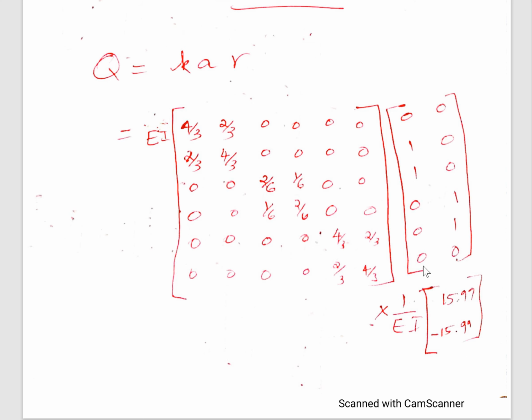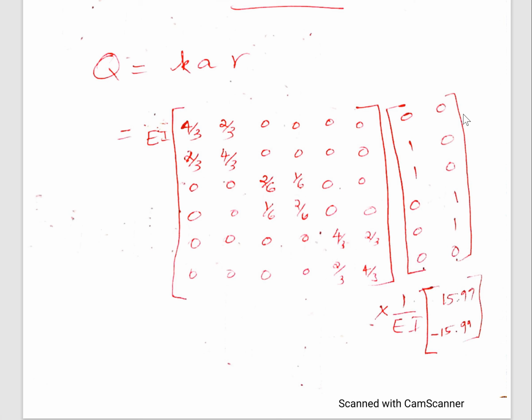Then corresponding to the second column, that is r2 equal to 1, the first coordinate will be 0. We apply the rotation at C. So the first, second and third coordinates will be 0.